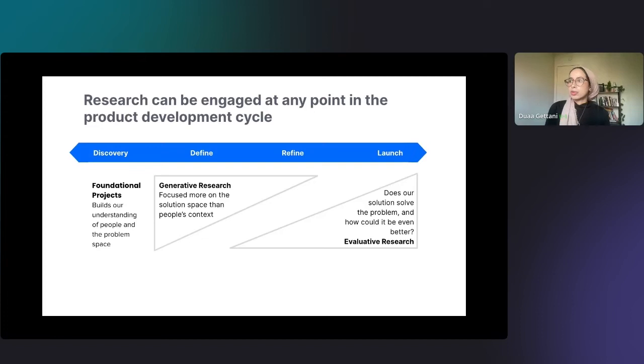When we're talking about research, and we've all probably seen a similar structure, we're trying to understand at what stage research should get involved. The short answer is that research can be engaged at any point in the product development cycle. From foundational, so learning about people and their problem space, to generative research, where it's prioritizing challenges to solve and focusing more on the solution space, and then evaluative research, where you're more tactical and iterative.